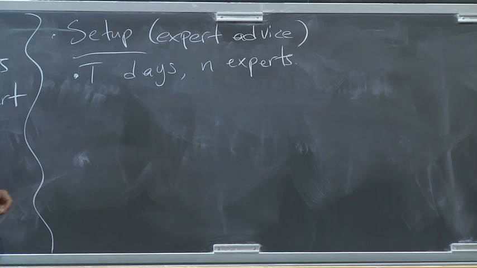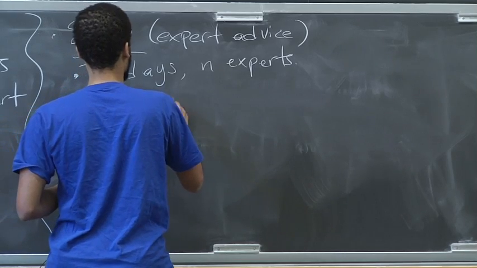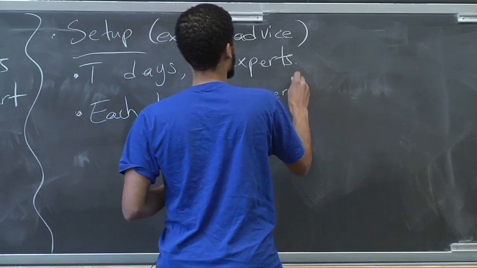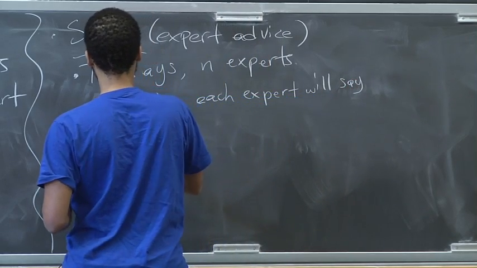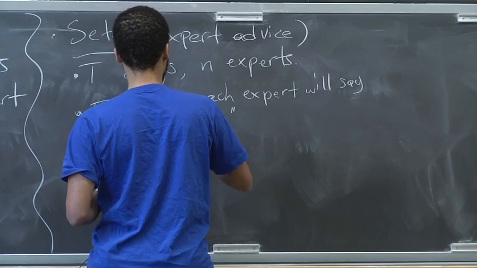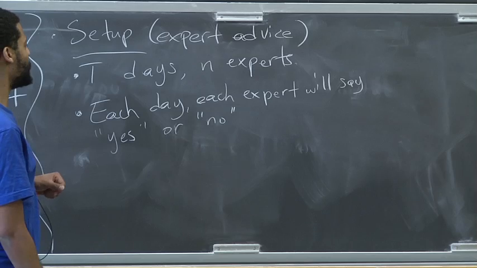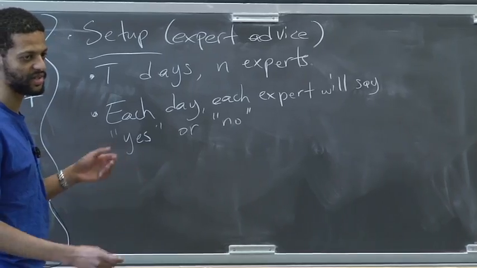Each day, each expert will say yes or no. So for example, will it rain today? Will this stock go up in value today? They're each going to tell you what they think. And then you have to decide what you think the reality is and then make a decision.